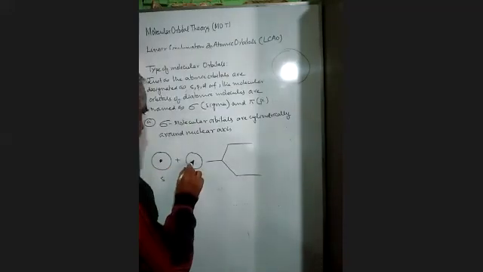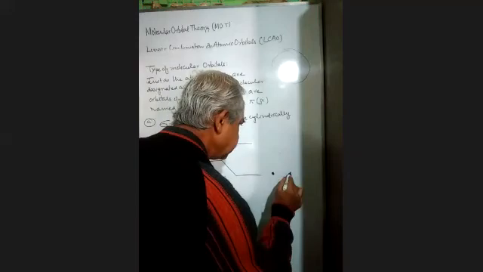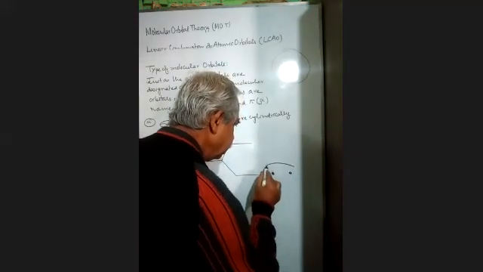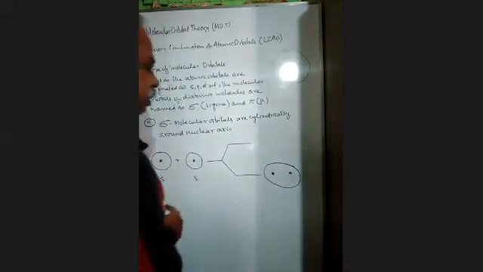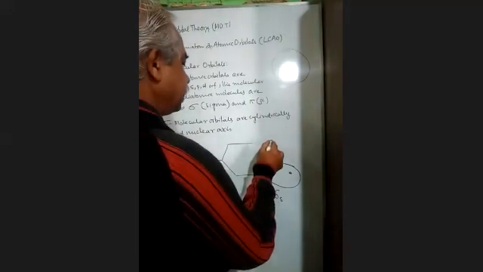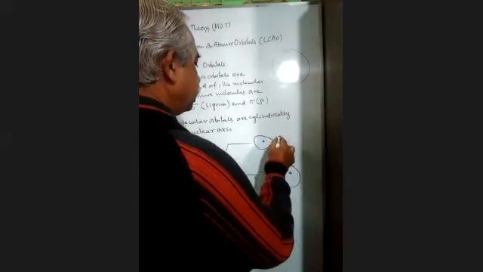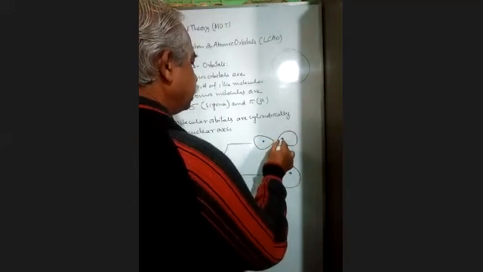See here. These are the nuclei. This is the one. It will be sigma s. And if the repulsion takes place, they are not going to combine.